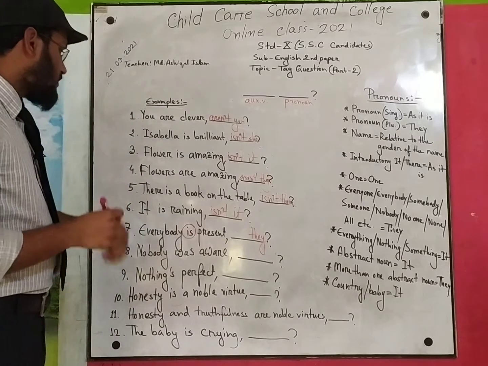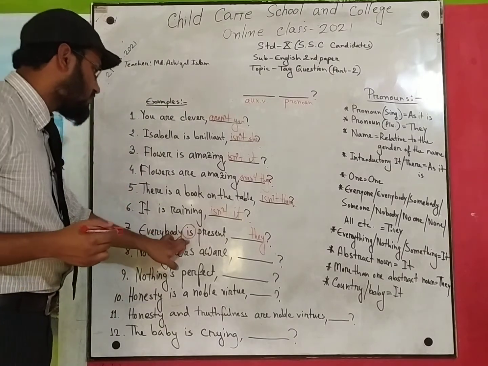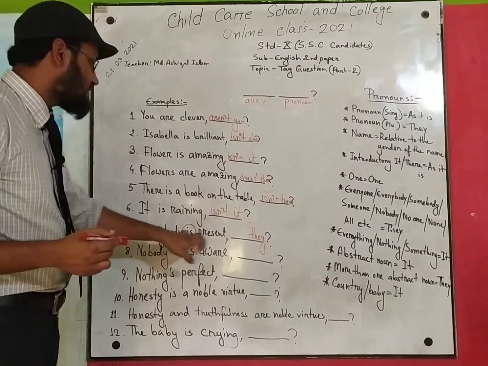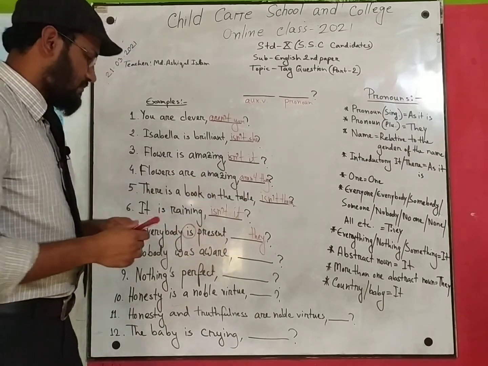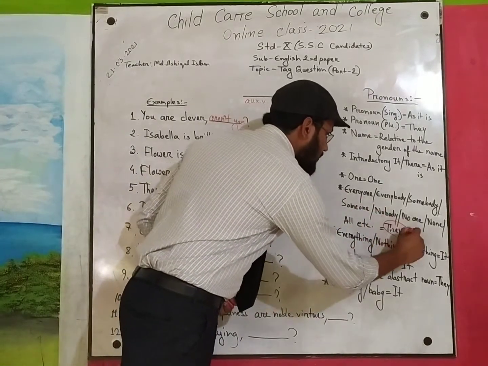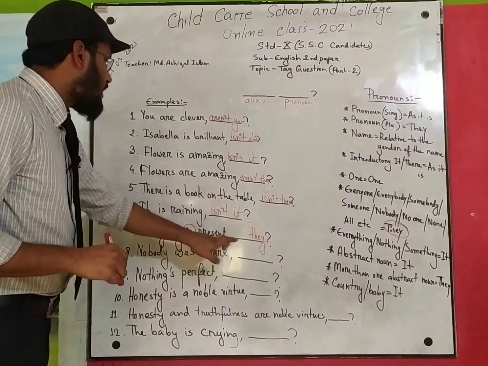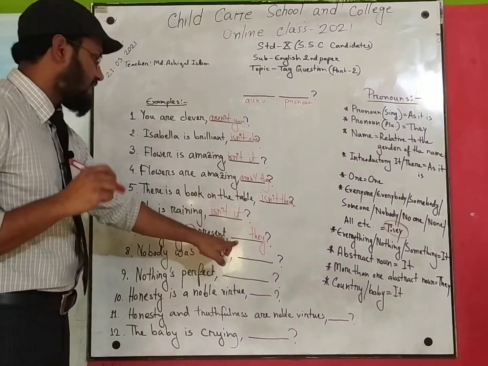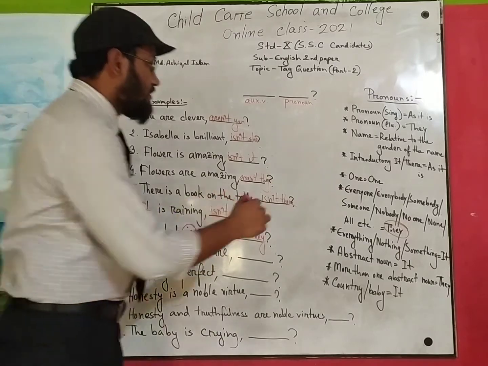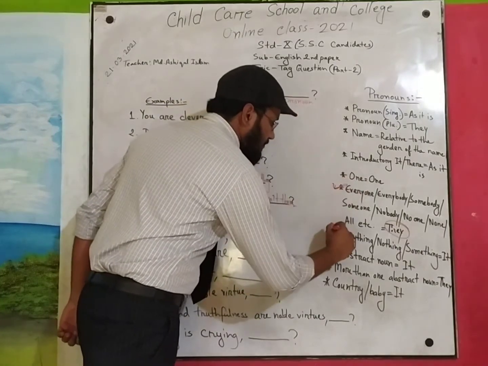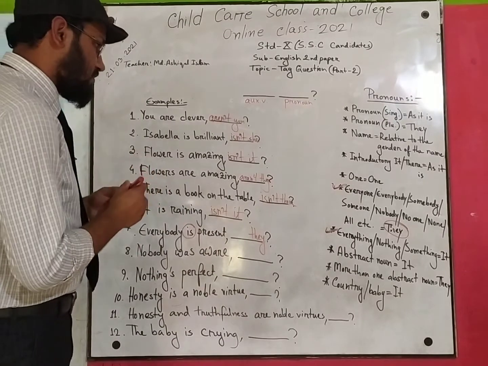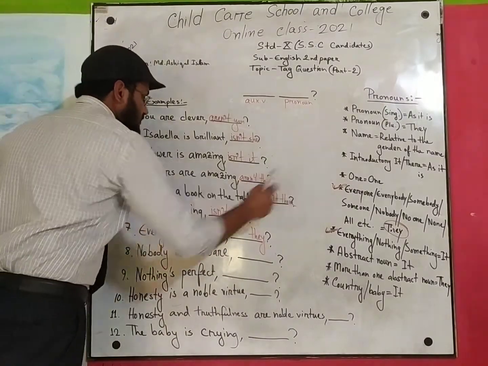Even though the subject is third person singular, the verb is also singular, is, but since we are using a pronoun that is plural, our verb should also be plural. It's an exceptional case. You should really remember it. Okay, these are exceptional, especially this one.